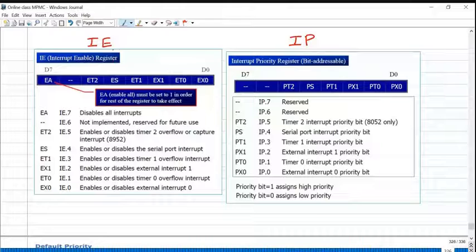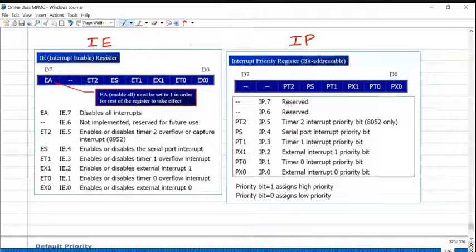Now we know 5 types of interrupts are available: 3 internal and 2 external. The internal interrupts are timer 0 overflow flag, timer 1 overflow flag, and serial communication interrupt. The 2 external are INT0 active low signal and INT1 active low signal.